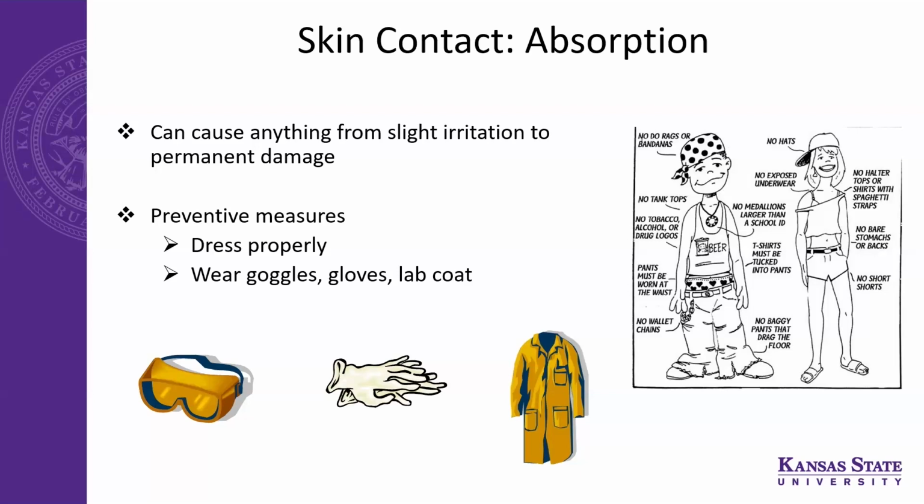For example, in the fall of 2022, just before I joined the department, in an organic teaching lab, there was an incident where some sulfuric acid sneaked through the glove and caused the skin to burn. The students were using a separatory funnel for the experiment that day.